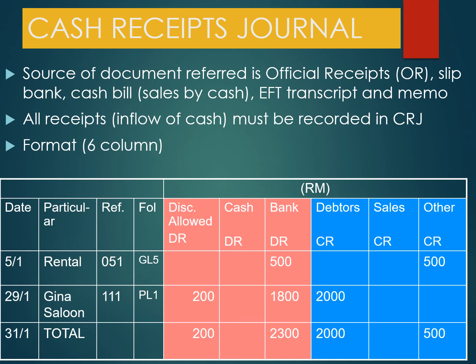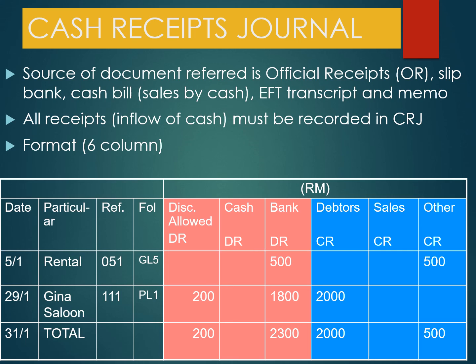Okay, the next one, for the example of customer paid the debt. The total debt of Gina Saloon is actually 2,000 ringgit, but we allow Gina to pay less. The discount allowed we give to Gina is 200 ringgit. So the amount of check we receive from Gina is 1,800 ringgit.